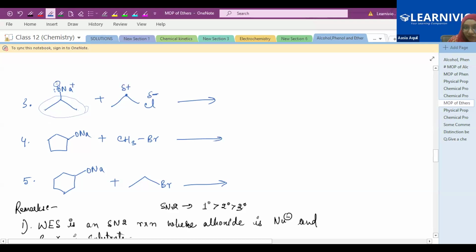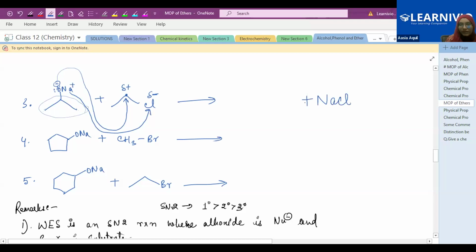This oxygen, which has a negative charge, will try to attach to this carbon, which has a partial positive charge. And this sodium, which has a positive charge, will try to attract this chlorine. So sodium will form a bond with chlorine and form sodium chloride, NaCl.